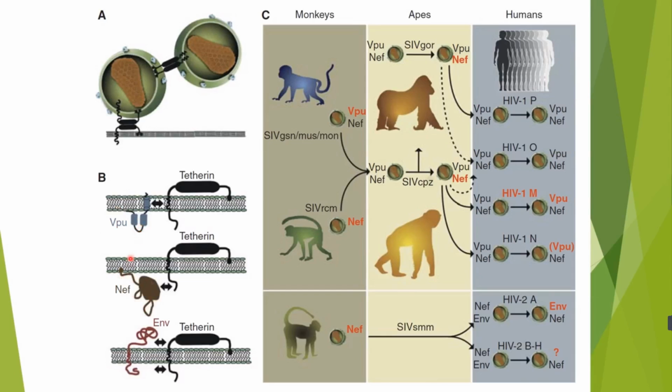How do they function? Well, NEF works very effectively in certain primate species, specifically the red-capped mangabey. NEF interacts with and binds to the cytoplasmic domain of our tetherin protein.